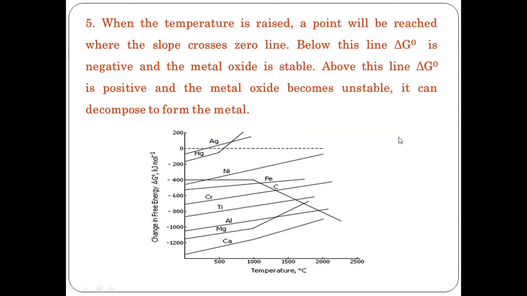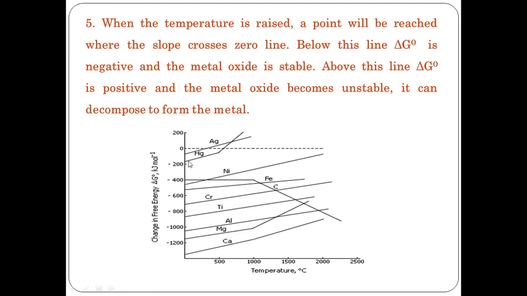Next point, when the temperature is raised, a point will be reached where the line crosses the zero line. Below this line, delta G naught is negative, and the metal oxide is stable.